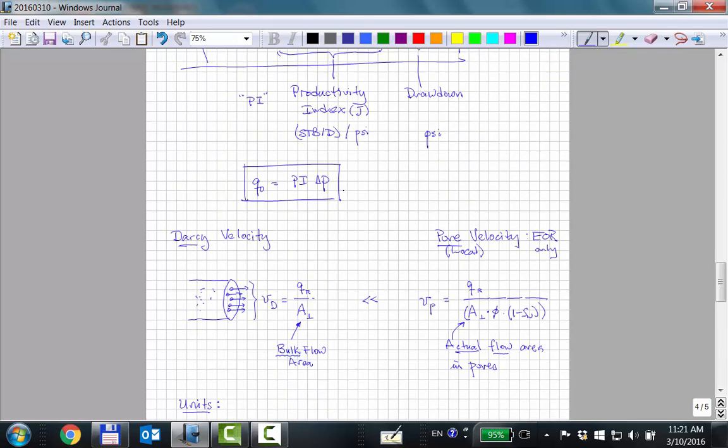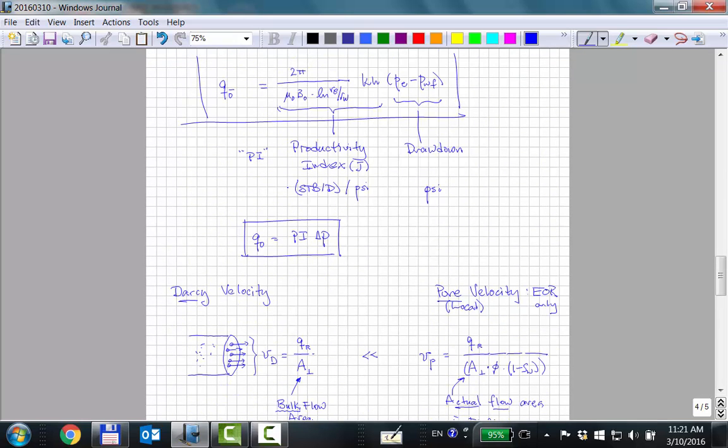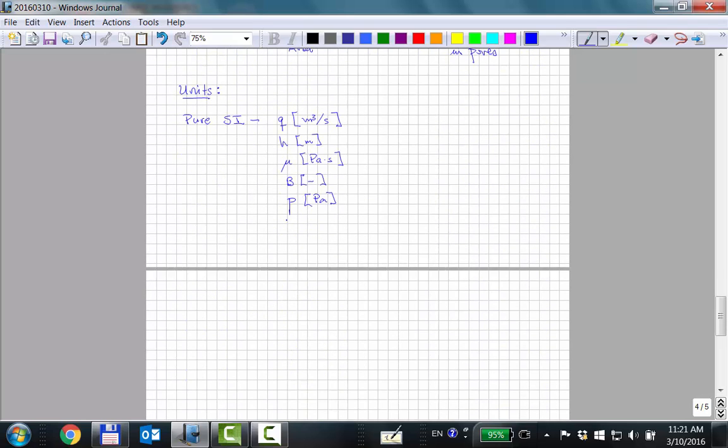So what else is in our equation? Radius cancels, but we can say the distances, h and radius, meters. The unit of K, if you put in all of these other units together, would be meters squared for a pure SI treatment.